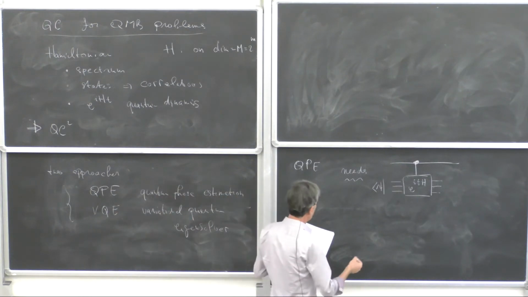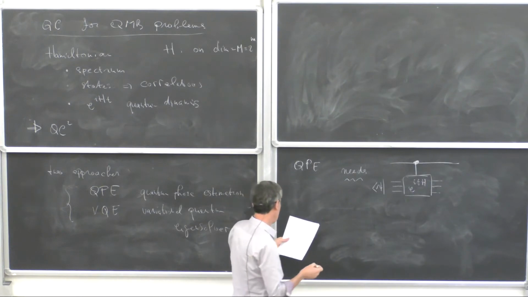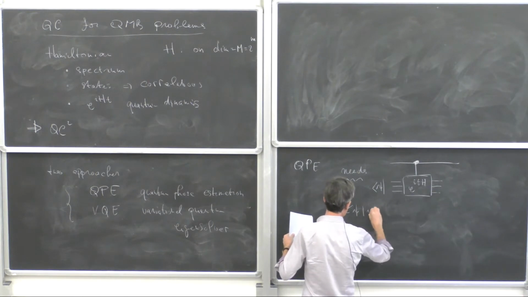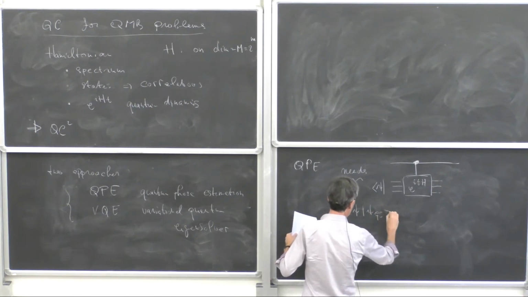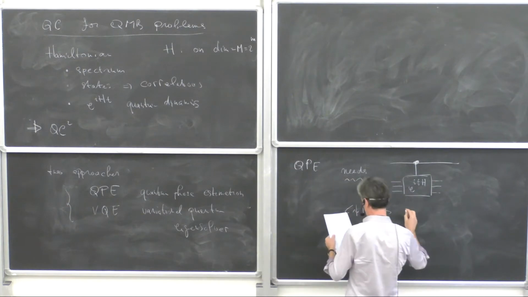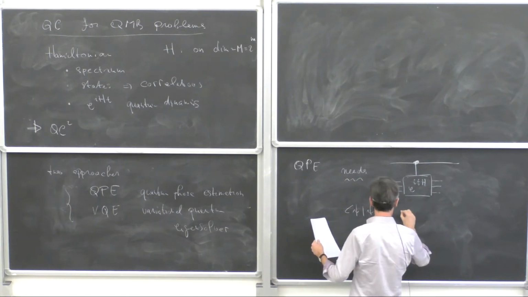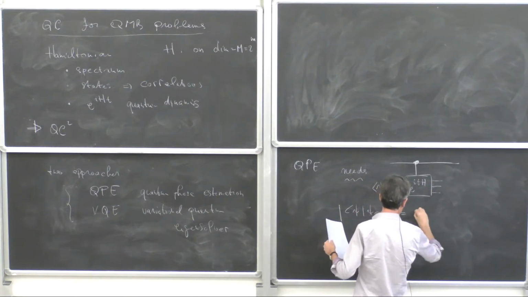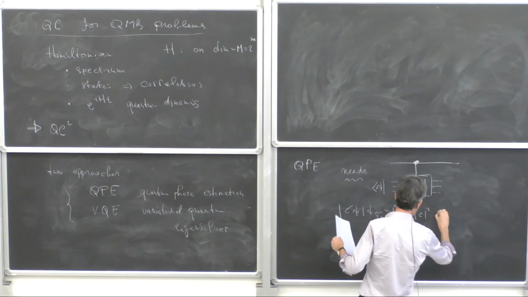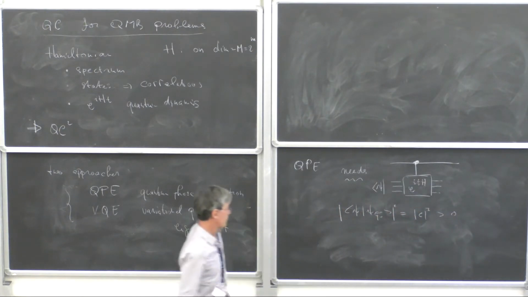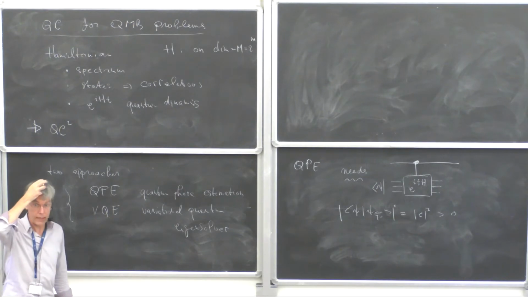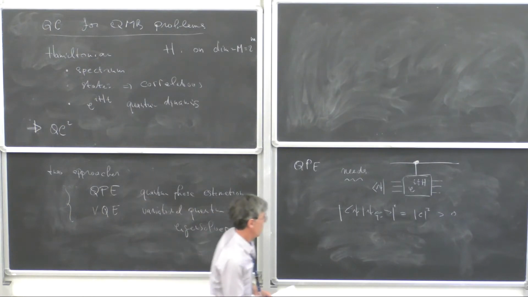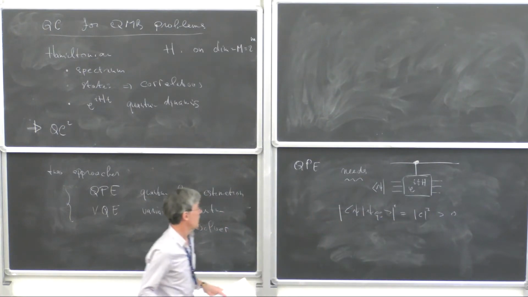If you're after the ground state, you need a state psi such that there is an overlap of psi with psi ground state, let's call that C, and you want C squared to be non-zero. It doesn't have to be 0.999, but it has to be a non-negligible number bigger than 0. So these two things you need.